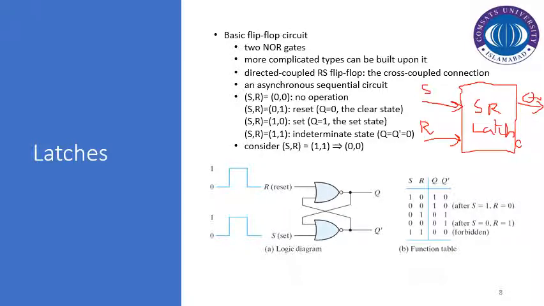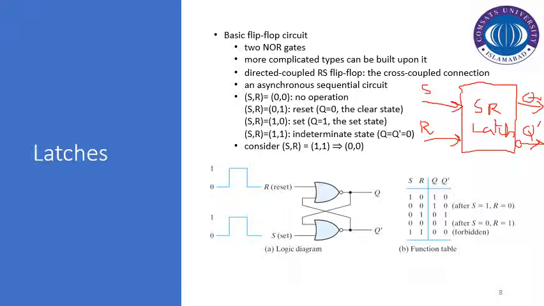These two dedicated outputs are always complementary to each other. If Q is 1, Q prime is 0, and vice versa. We cannot have the same value for Q and Q prime. So, two inputs S and R.